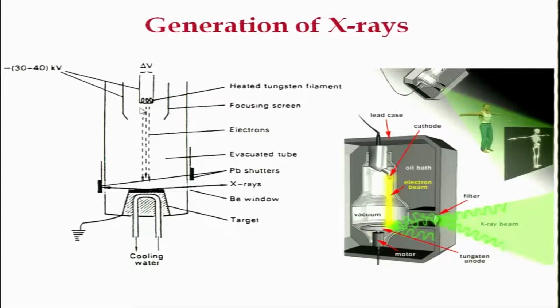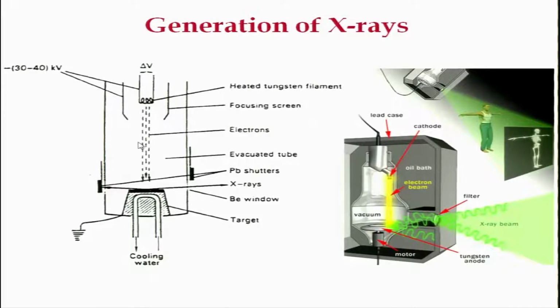Under this high voltage, the filament emits high energy electrons, and they travel in an evacuated tube. This whole thing is kept inside an evacuated tube so that you have no scattering by air molecules.